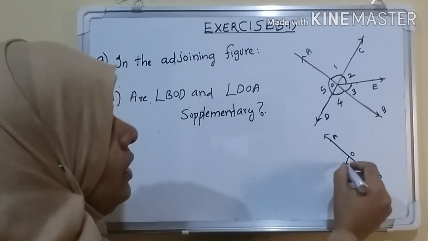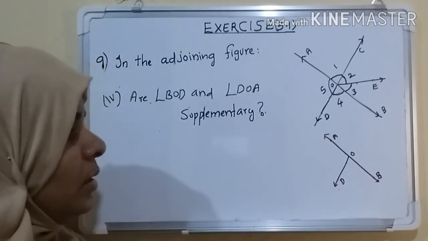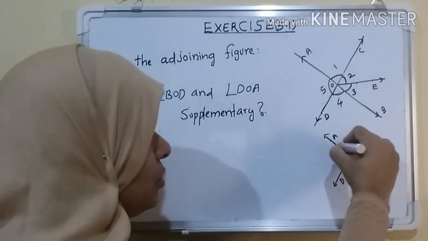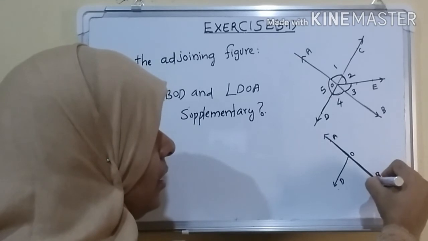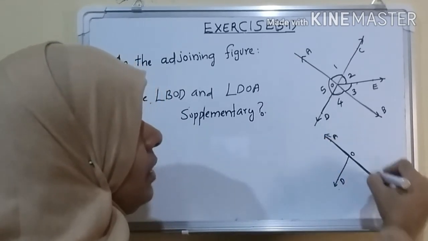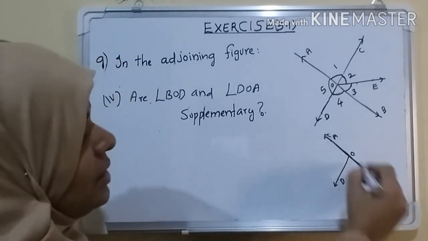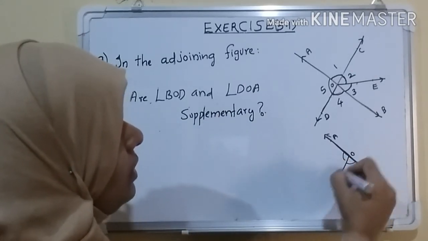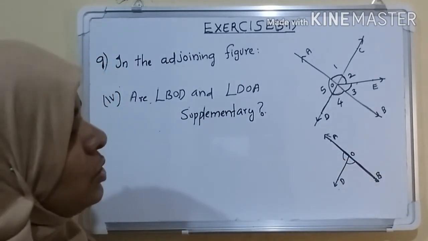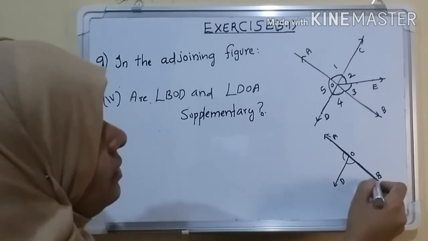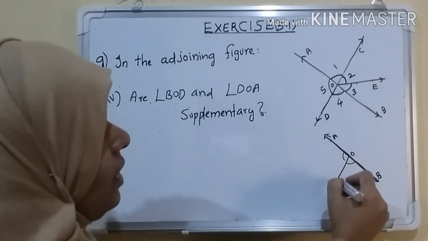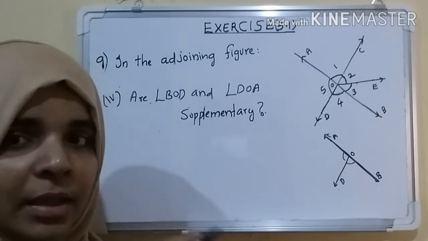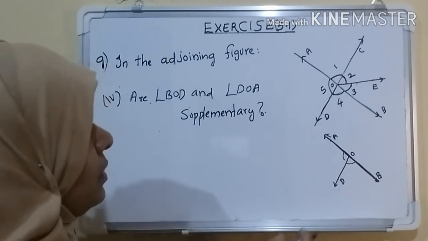Okay. BOD and DOA. Here these two angles are lying on this line AB, right? AB is the straight line and these two angles are lying on this straight line. So we can say that angle BOD and angle DOA are a linear pair.